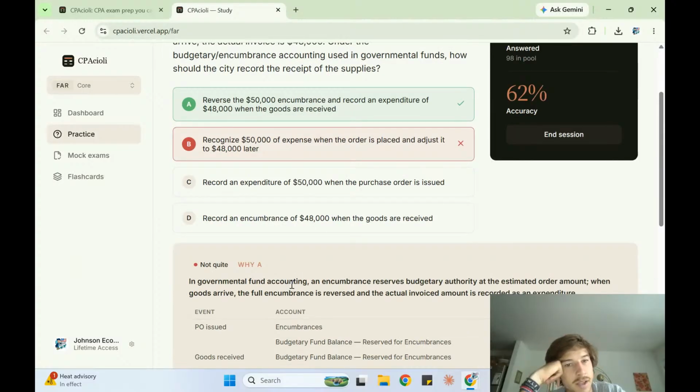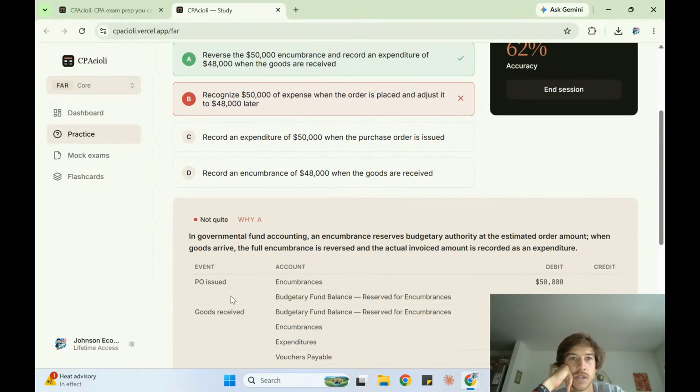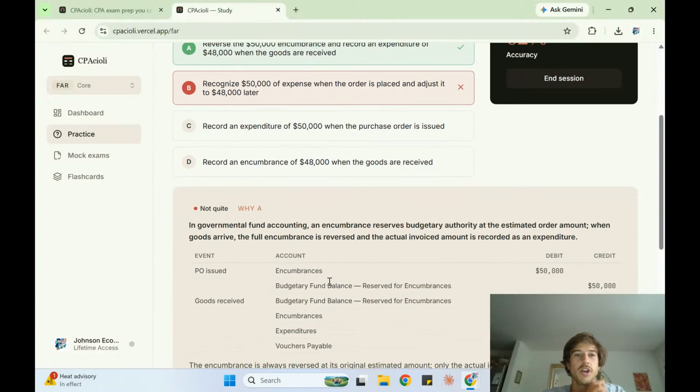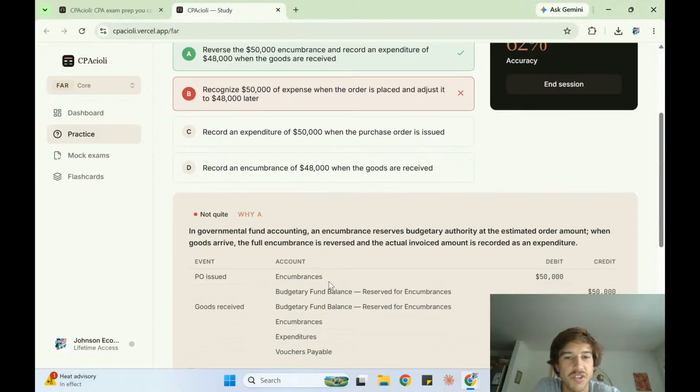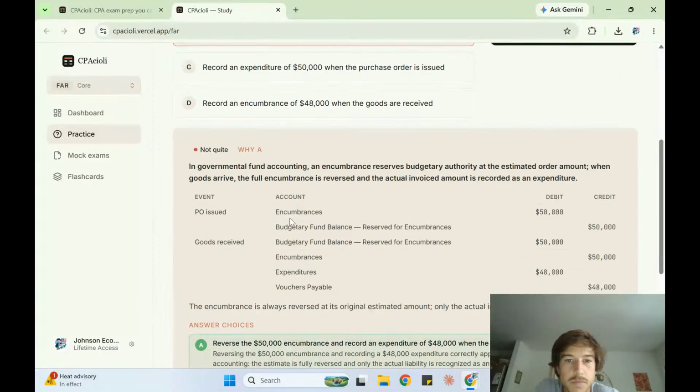Dang. Okay. So they do it as an encumbrance first and then record the expenditure later. And then when they do that, they reverse the encumbrance. Okay, good. Glad it's got some journal entries here. Encumbrances. Okay. That reverses and then that's paid.